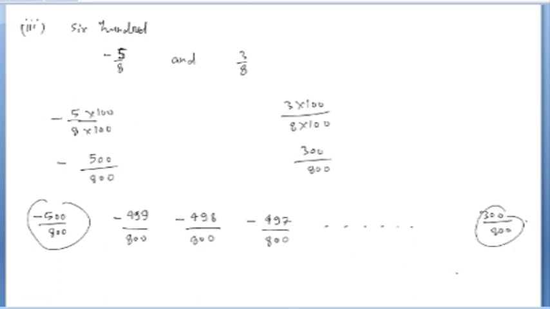Okay. Now true and false. Question number 9. True or false. The first statement is: between any two distinct integers there is always an integer.